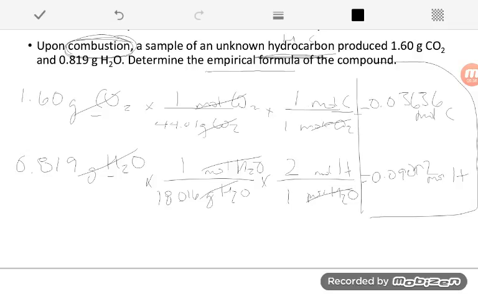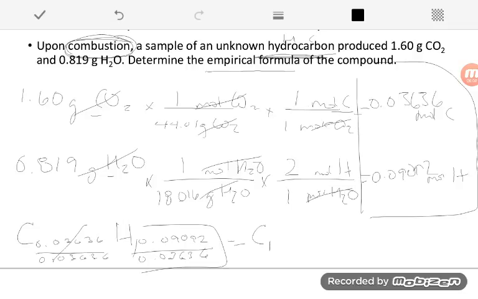I'm going to write my pseudo formula. So I'm going to have carbon, give him his moles, 0.03636. I'm going to have my hydrogen, 0.09092. So I'm going to write my pseudo formula, divide both of these by the smaller number, which is the 0.03636. Of course those cancel and just give me 1.